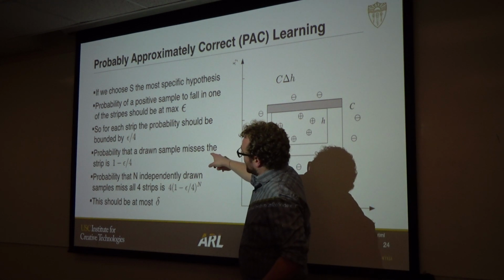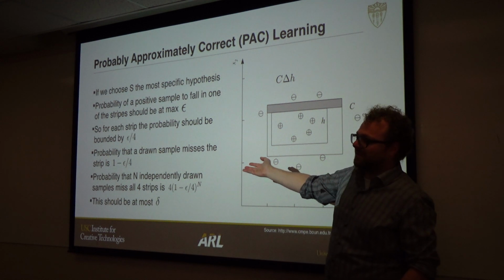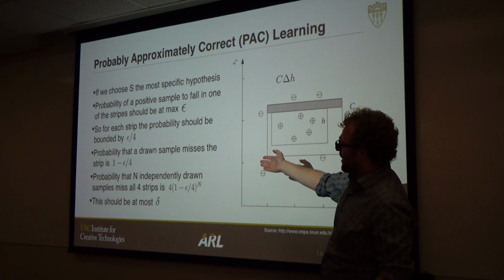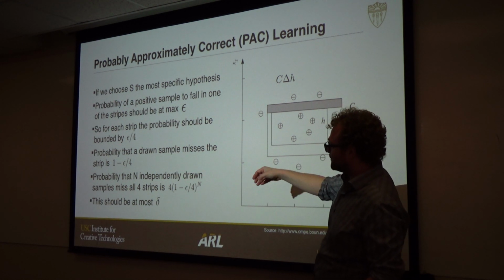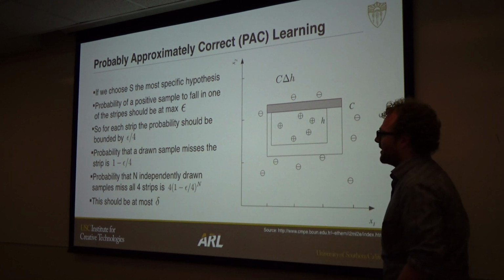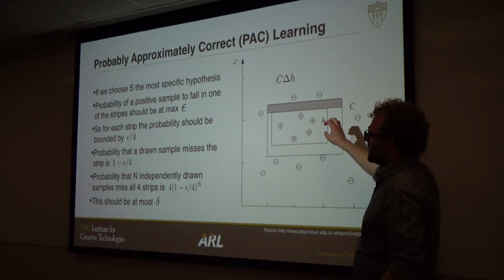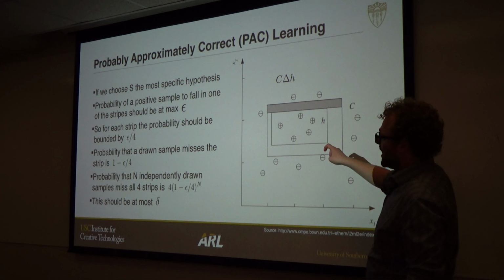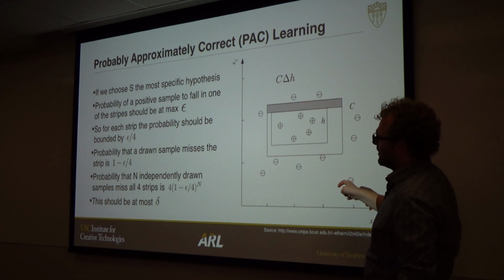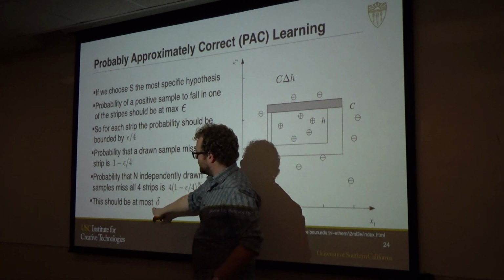And the probability that the drawn sample misses a strip is 1 minus epsilon divided by 4. So the probability that n independently drawn samples miss all 4 strips is 4 times 1 minus epsilon divided by 4 to the power of n, which should be at most delta.